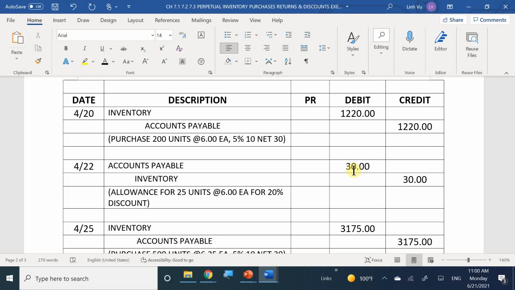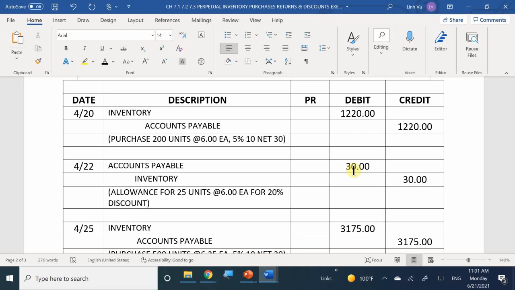Minus 59. Okay. Now, the 1190, what does the 1190 actually include? 1190 is how much our accounts payable.